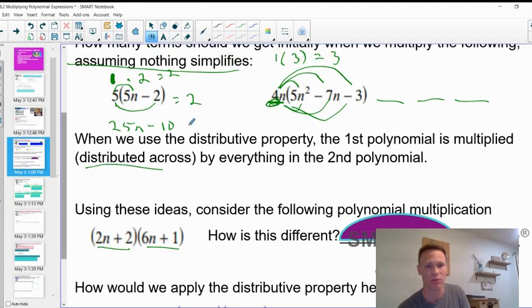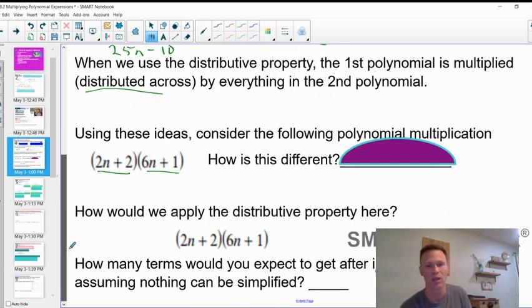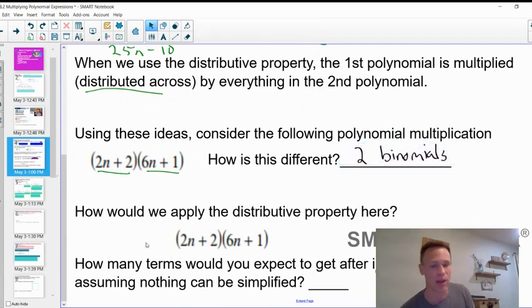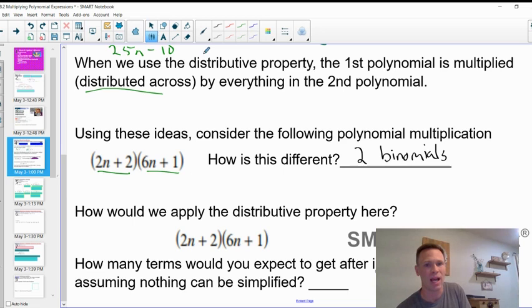And it's different because before we were just multiplying one monomial times everything else. So now what if I have a binomial times binomial? That's how it's different, right? I don't have a monomial times a binomial or trinomial. I have 2 binomials multiplied together. So the question becomes, how can I still use the distributive property here in order to achieve my goal? And the answer is probably just the way you think you would.